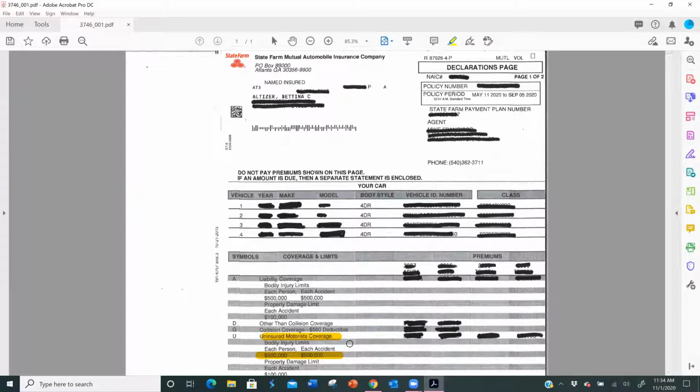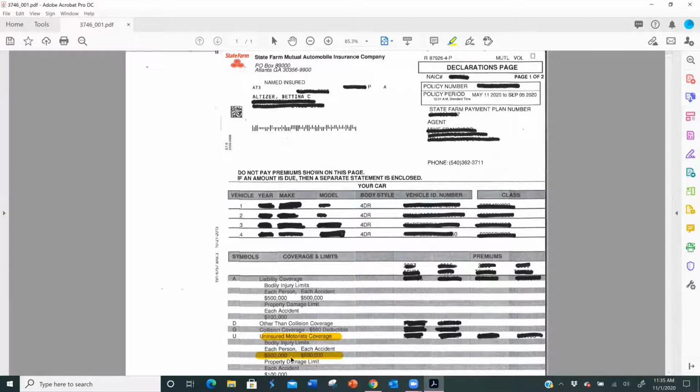So the person who hit you didn't have any automobile insurance coverage. They let their policy lapse, or they just didn't bother to buy insurance despite the law requiring them to do so. Then you have to look to your own policy to cover you. And I will say to you that that is the most important reason why you need to have good coverage, or high coverage, as much as you can possibly afford.